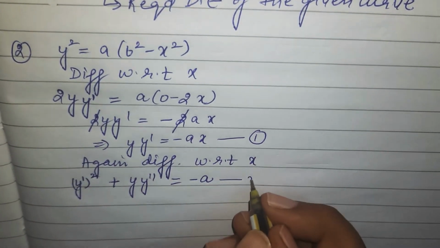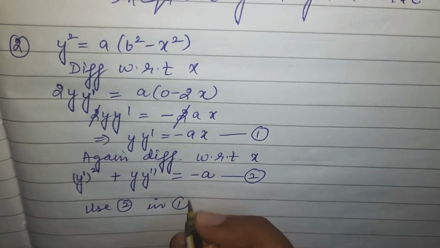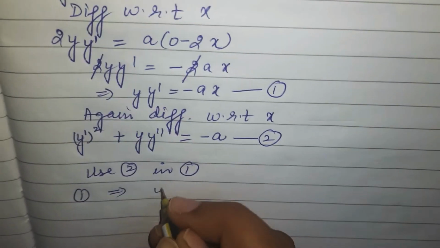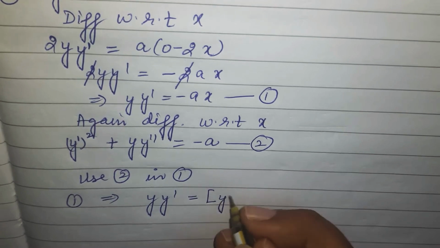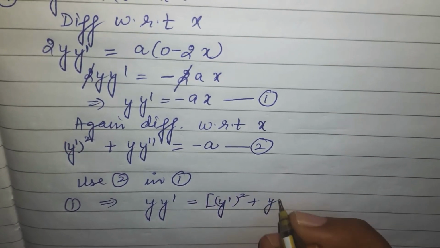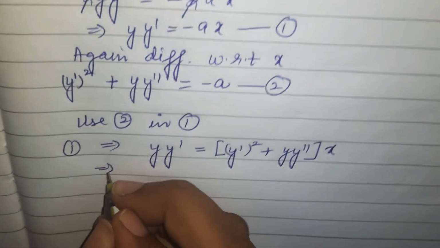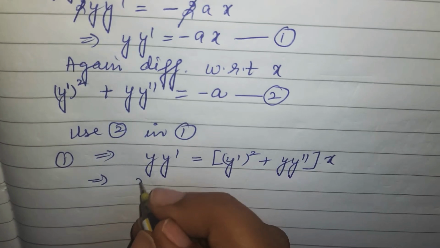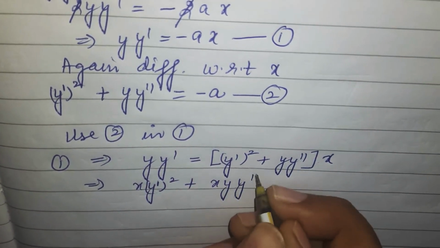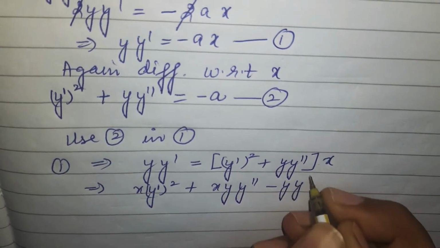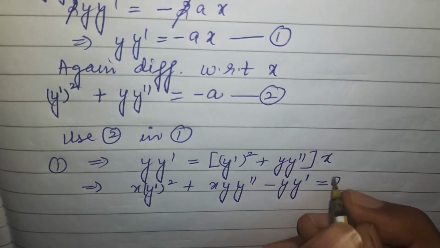Now use this 2 in equation 1. So equation 1 will become y, y dash minus a, means y dash square plus y, y double dash, into x. So your final answer is x into y dash square plus x, y, y double dash minus y, y dash is equivalent to 0.